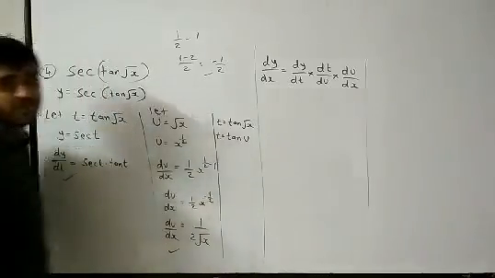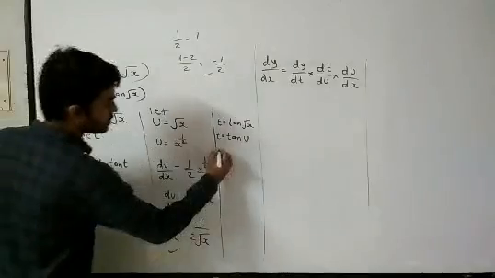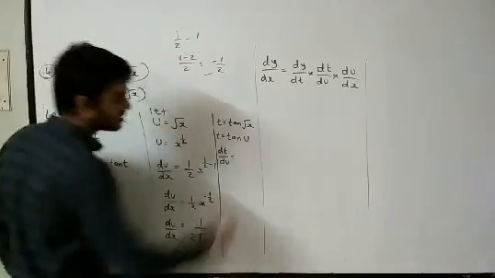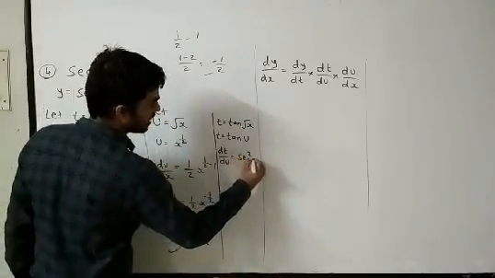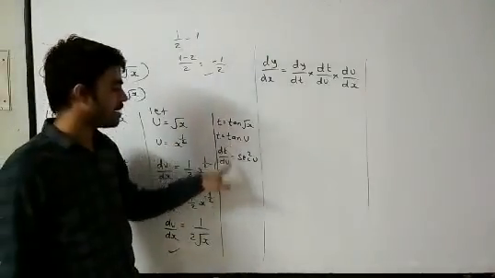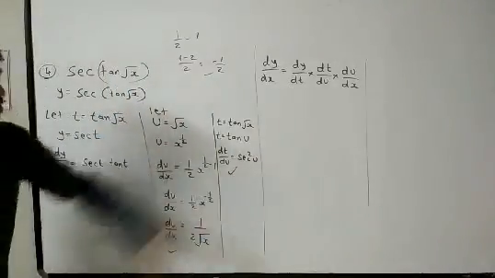Now differentiating with respect to u on both the sides, dt by du: derivative of tan is sec square, and du by du will be 1. So here dt by du is equal to sec square u.